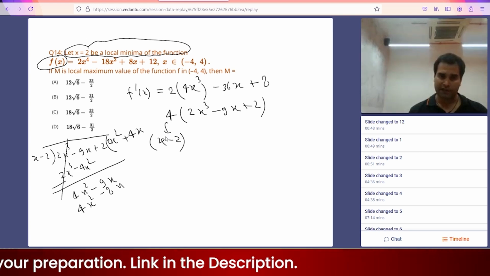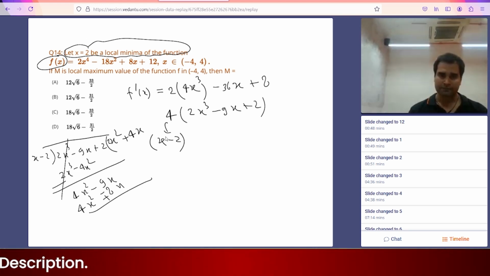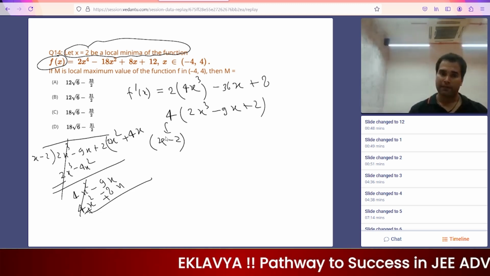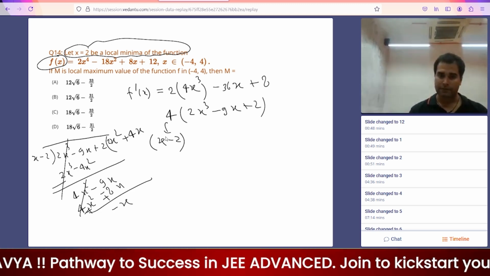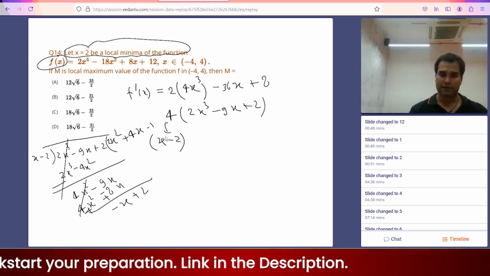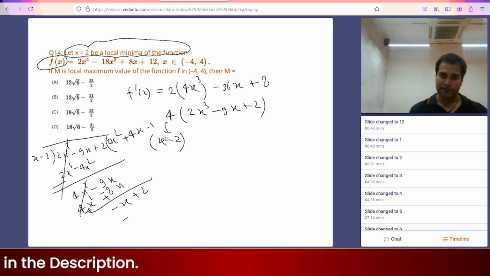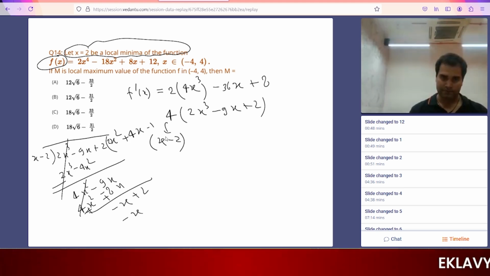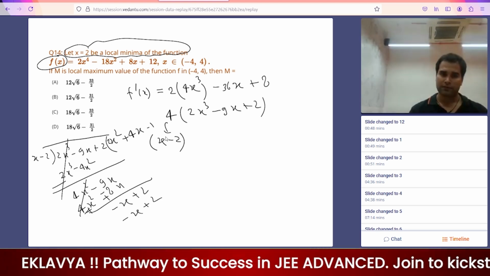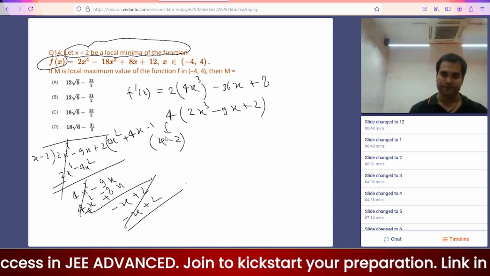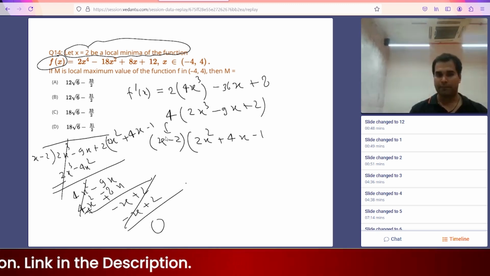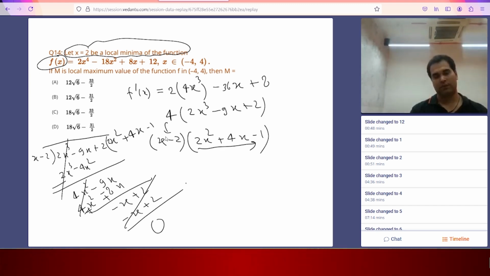Subtracting, we get 4x square minus 9x. Then 4x times x minus 2 gives 4x square minus 8x. Subtracting, we get minus x plus 2. The quotient term is minus 1, and multiplying gives minus x plus 2. Subtracting, the remainder is 0. This gives 2x square plus 4x minus 1.